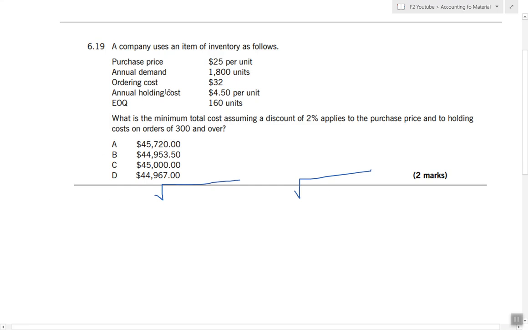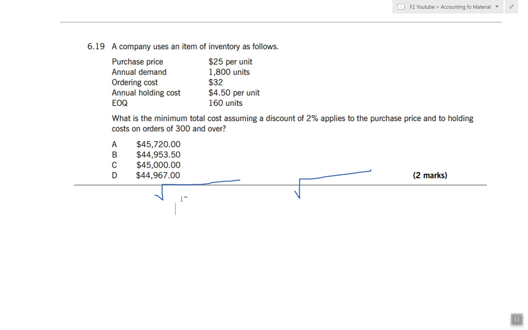So our EOQ says buy 160 units, but the supplier says if you buy 300 units at a time, I will give you 2% discount. So in a situation like this, we have to compare. If there is no change in the price, obviously EOQ always gives you the right answer, the lowest cost. But whenever there is a change in purchase price or whatever, then we have to compare.